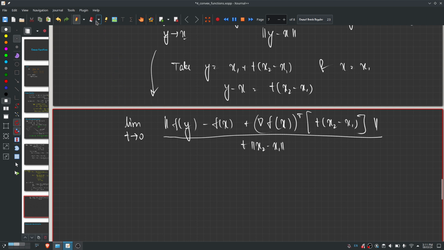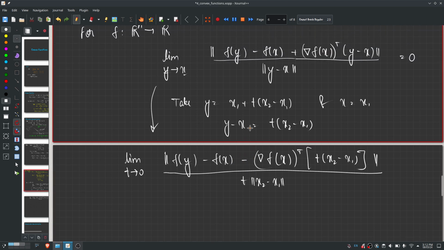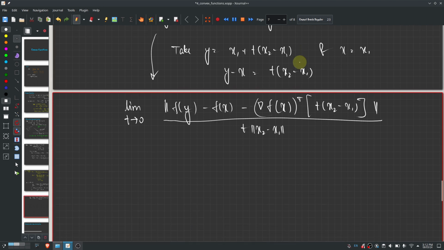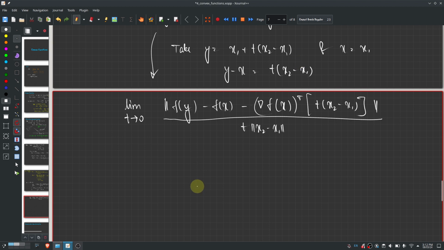I think I made a small typo here. It should be minus here and here. Let me say that the vector in the numerator is some e of t, the error vector, the error between this quantity and this quantity.